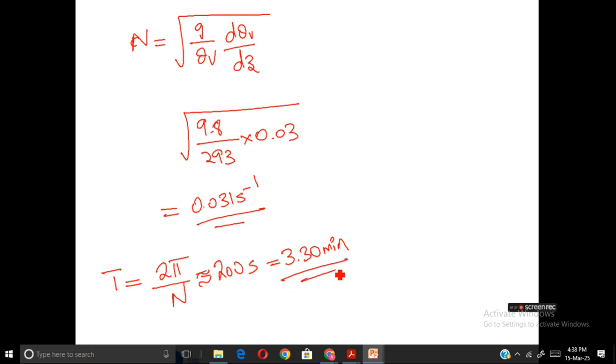This is the time period of oscillation of the parcel, and 0.031 second inverse is the frequency of oscillation of the parcel.